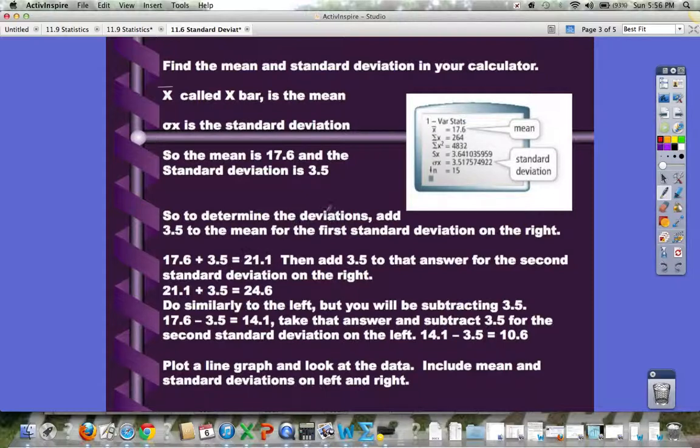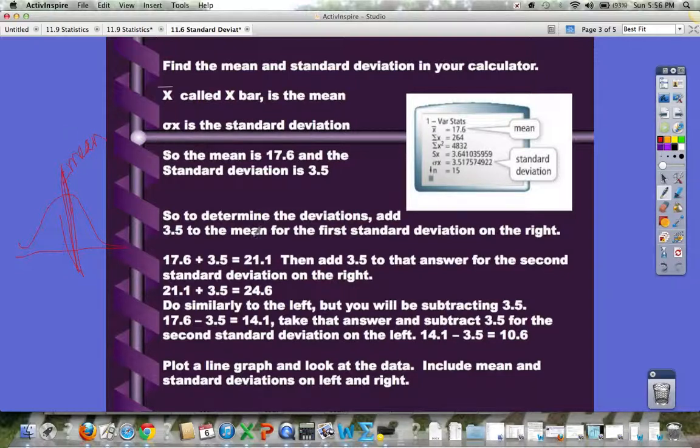To determine the deviations, we're talking about a bell curve, which we'll talk about in the next set of notes. Let's draw this. This middle line right here is going to be your mean.